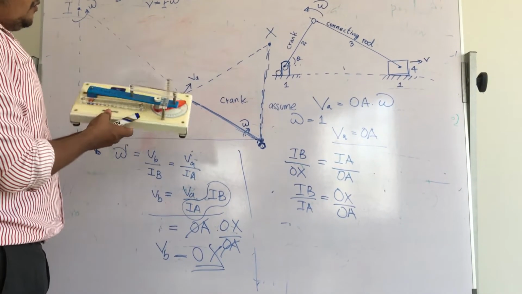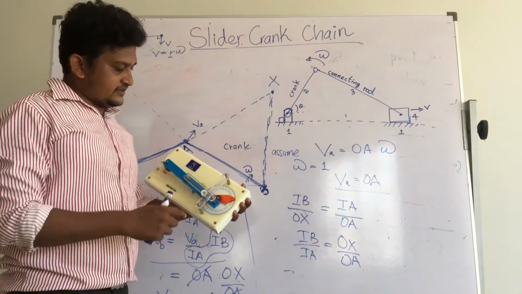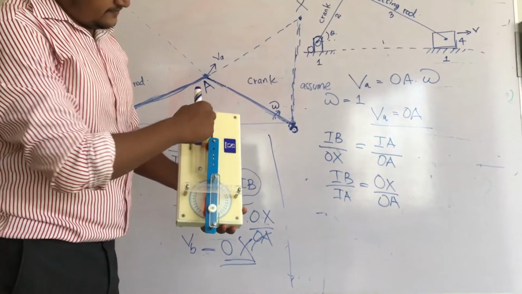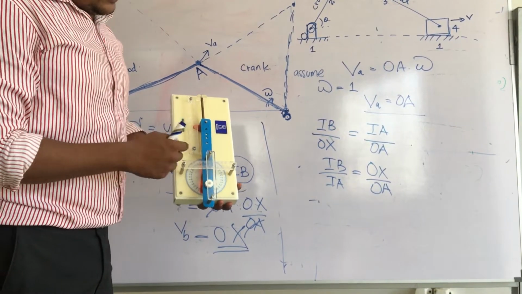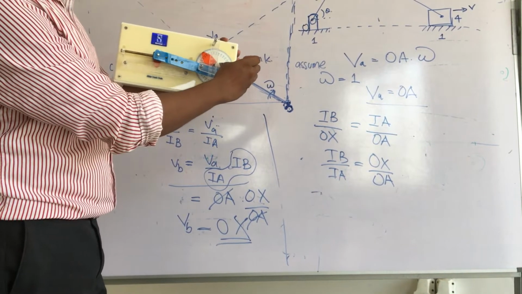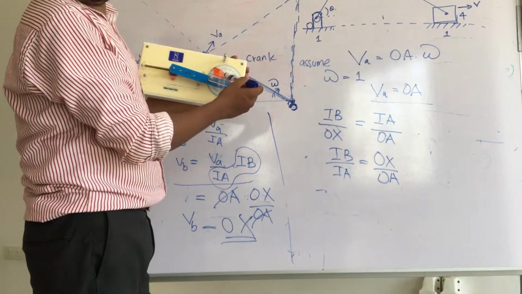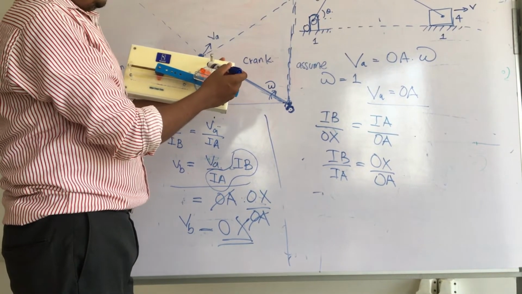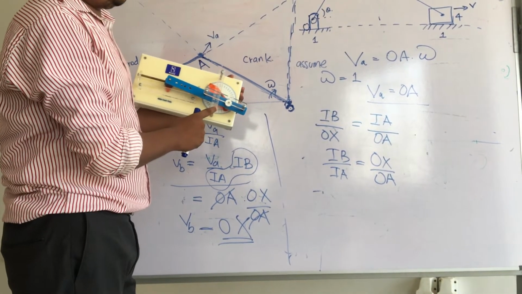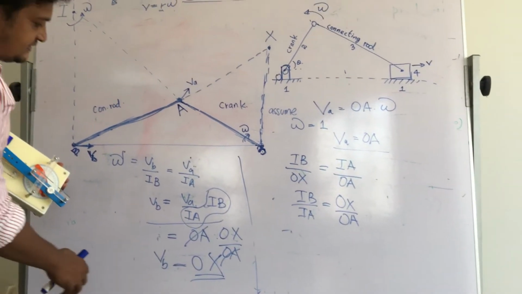When I showed all the parts of this apparatus, this scale is used to measure the piston distance. This is the center O, and you can read this distance from these cross scales. That's why these cross scales are given to do this particular practical. This is the theory behind this practical apparatus.